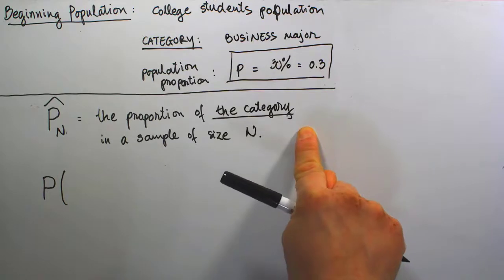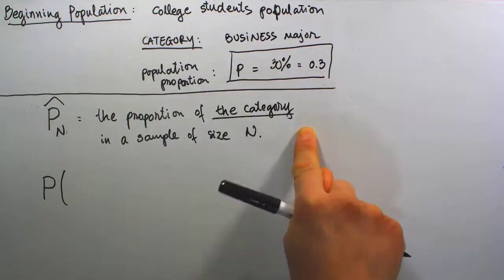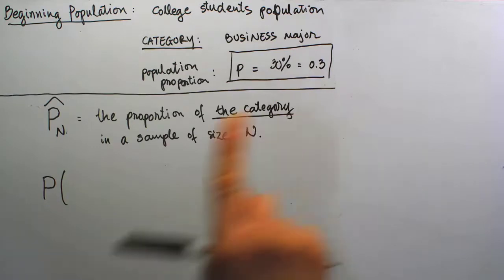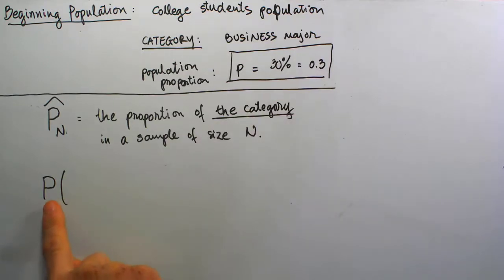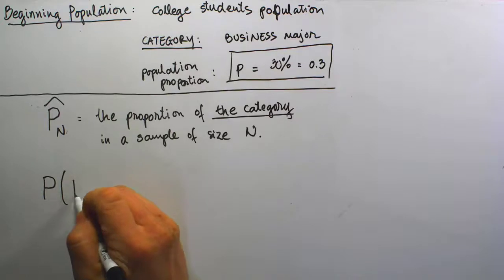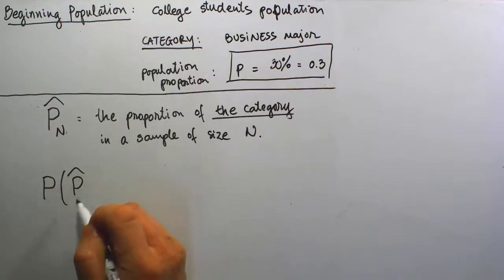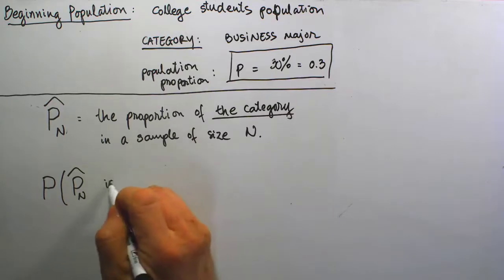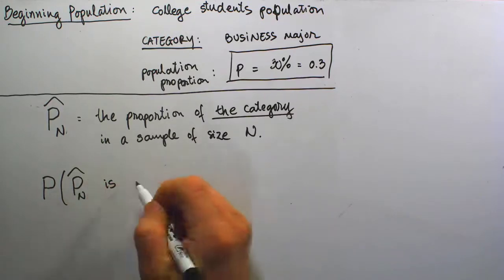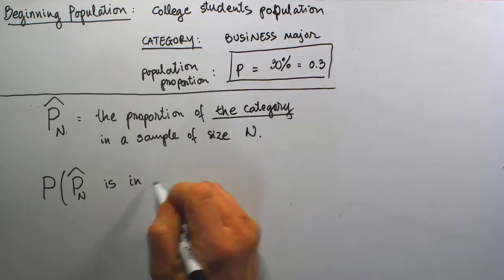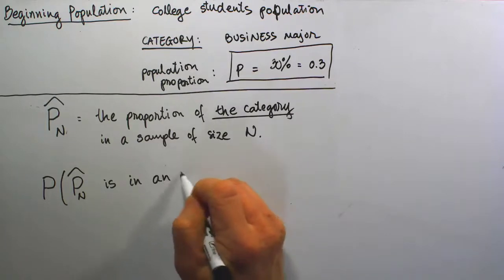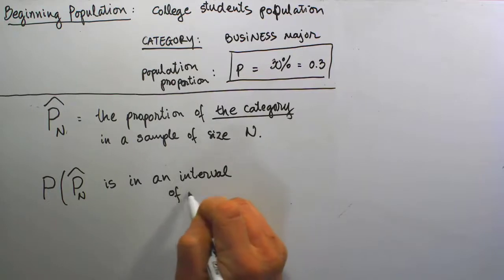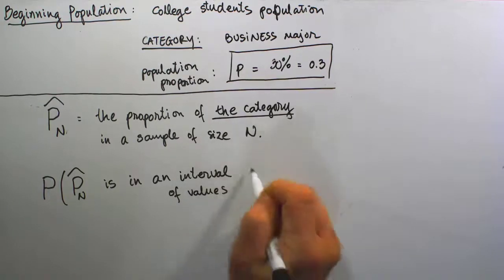Our sample being described in the problem is only one among the infinitely many other samples. So now we want to find the chance that anytime we pick up a sample in that description, our sample proportion value is in an interval of values. That's the whole idea right there.